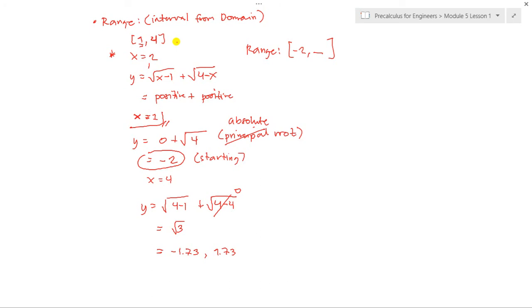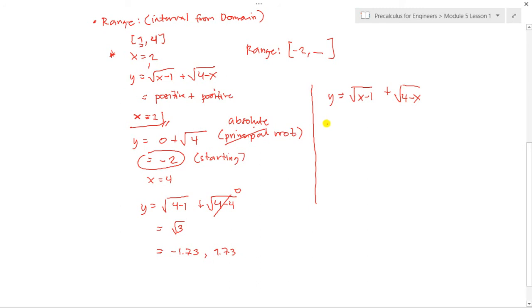Actually we cannot determine the exact value, or I mean we can determine this, but we can apply what is called a calculus operation here, where we are going to determine what is the maximum value here for y. So let's say if you know calculus, y is equal to square root of x minus 1 plus square root of 4 minus x.